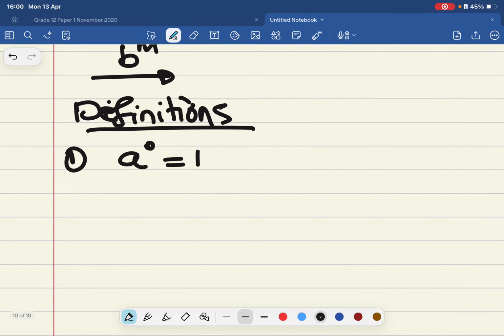This one comes from the second law of exponents, so I'm not going to go deep into it and explain everything because of time. And then a to the power of negative n is the same as 1 over a to the power of n. These are the definitions.